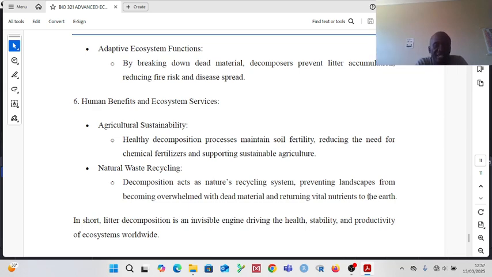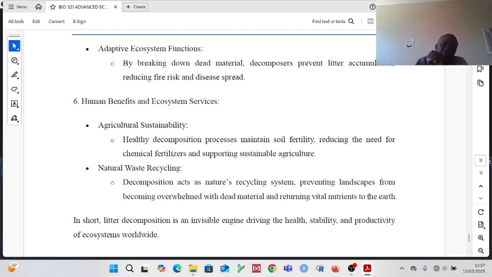Because chemical fertilizers lead to pollution and changing of the soil pH. But if we let decomposers work, then we end up with more fertile soils, which are a creation of nature. So at the end of it, the agricultural process is more sustainable because it's being supported by nature.